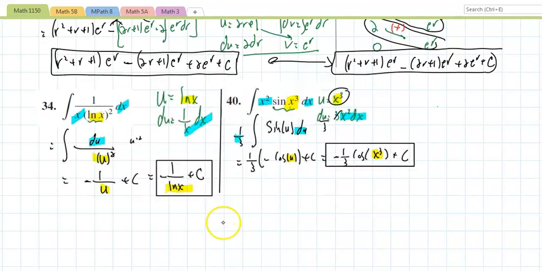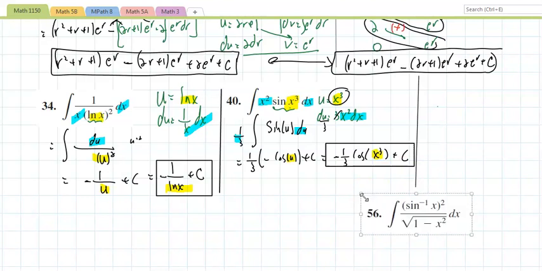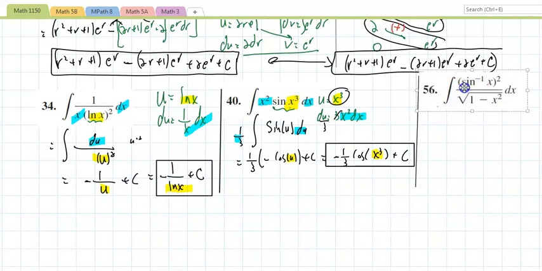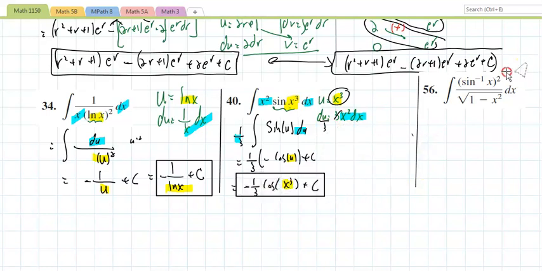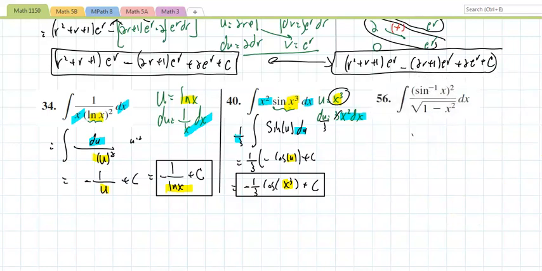Okay, and now if I work on the last problem, actually I can get a lot of space if I just move this underneath. There we go, much better. Okay, let's get this out of the way.